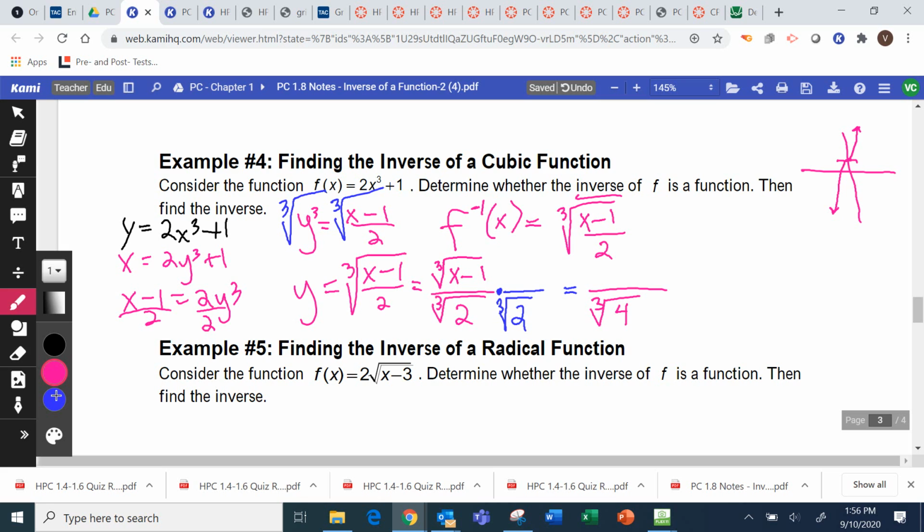We need to multiply by something that ends up having a cubed so that we can cube root it. Does that make sense? We need to multiply by something that has a cubed so we can cube root it, so that those two things will cancel.